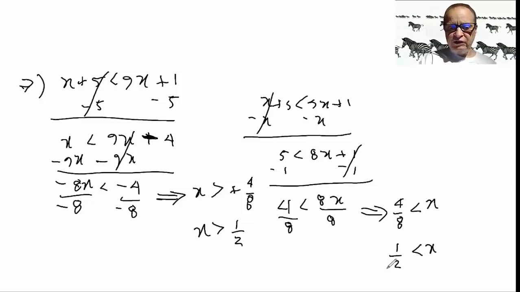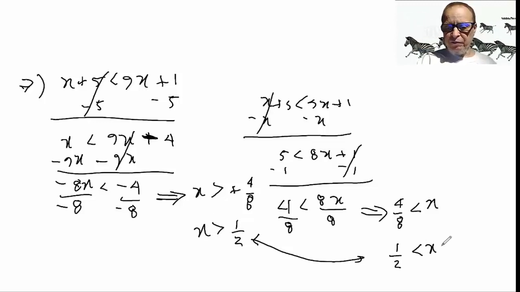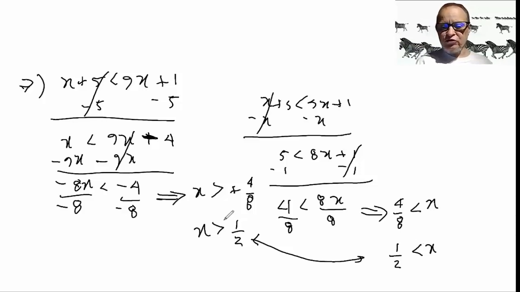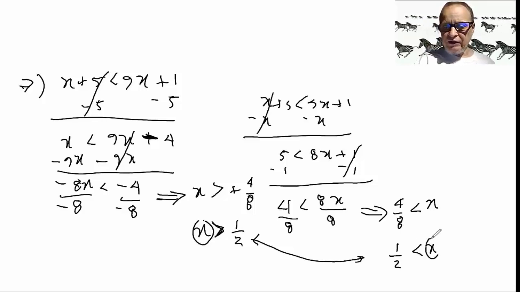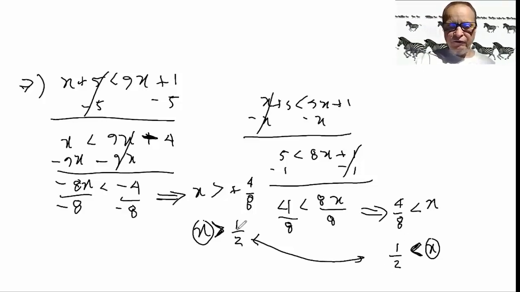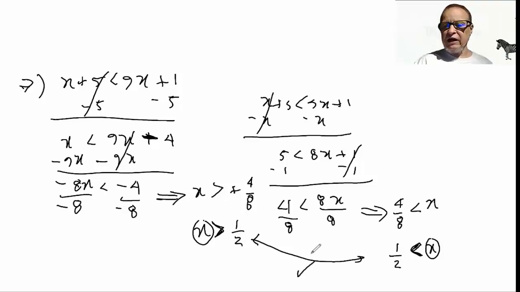As you see, these two are the same, because the x is on the big side of the arrow in both cases, even though they're written in opposite directions. The 1/2 is on the point in both cases, so they're exactly the same answers.